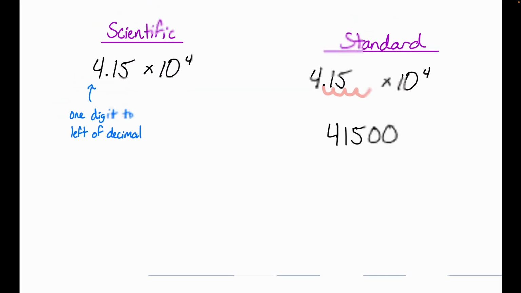All right, so then given that same sort of logic, I want you to take a second and do 3.60 times 10 to the negative 3.